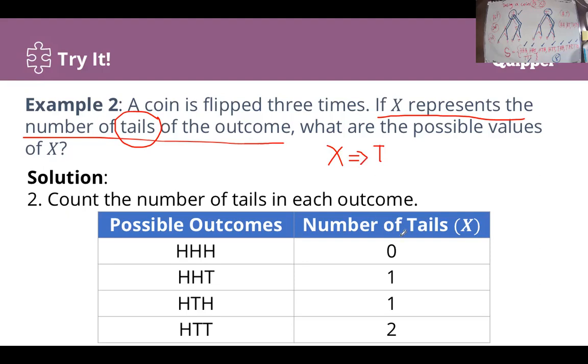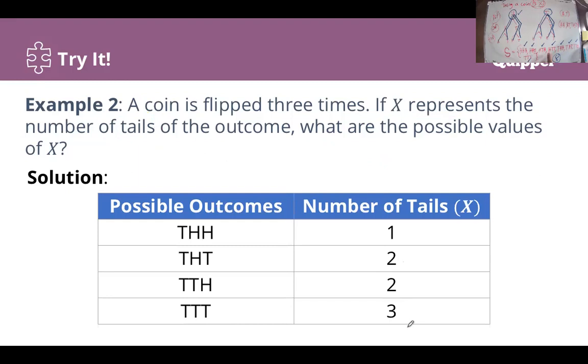Sa HHH, wala namang T, so 0. Sa HHT, may isa, so we have 1. HTH, may isa rin. HTT, meron tayong dalawa. THH, we have 1. THT, we have 2. TTH, we have 2 tails. And for TTT, we have 3 tails.